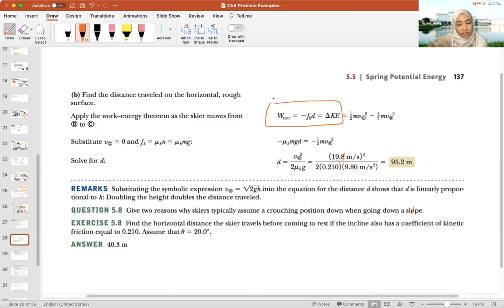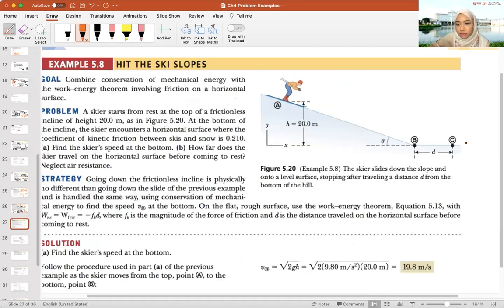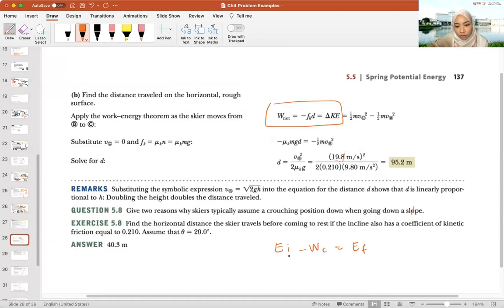Okay, I'm going to give you a hint. I had EI minus WNC equals EF. What is my EI for that situation? From B to C, what is my EI and what is my EF? How do I expand my EI and EF? What should be in my EI? Is there UG? No, we only have KE, right?